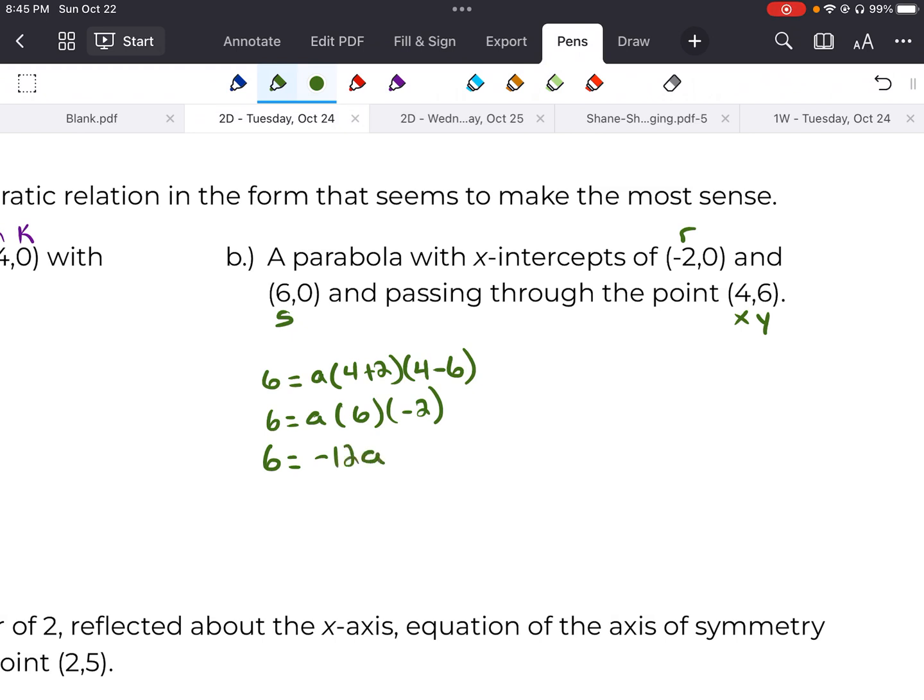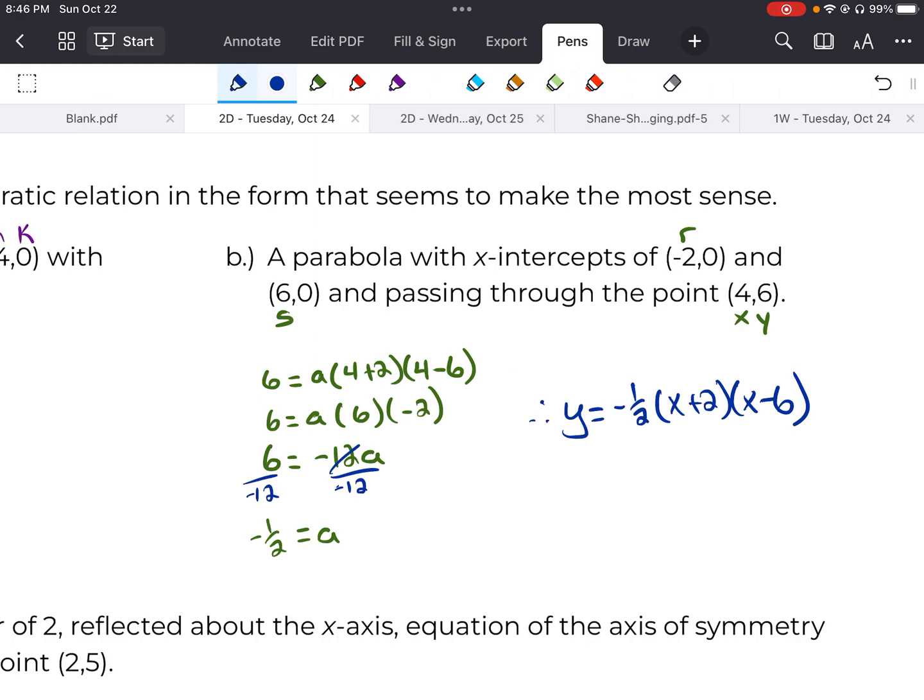So 6 equals negative 12a. Divide both sides by the coefficient. And negative 1 over 2 is a. So the equation is y equals negative 1 over 2, x plus 2, x minus 6.